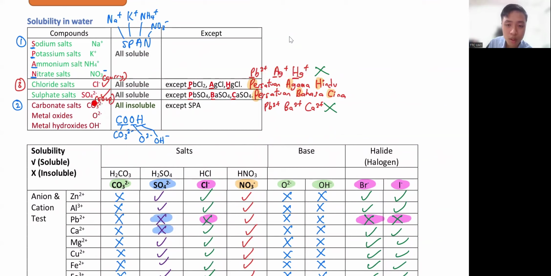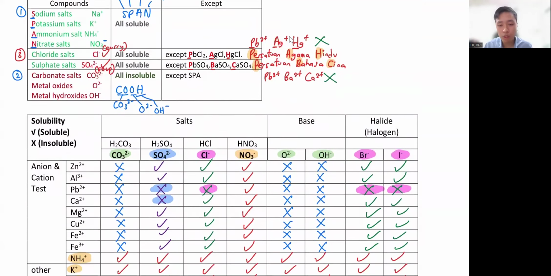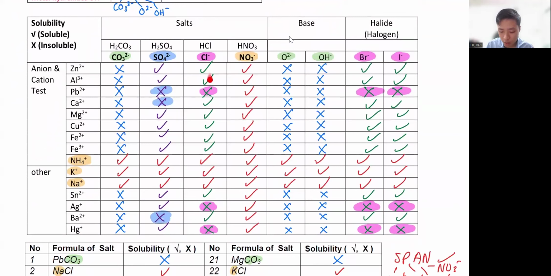Pb, Ag, Hg insoluble. SO4 2 negative, all are soluble, same thing, except Pb, Ba, Ca, which are insoluble. So for Cl minus, everything I put tick, except Pb, Ag, Hg.